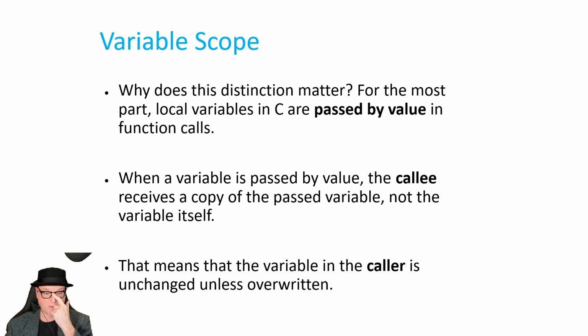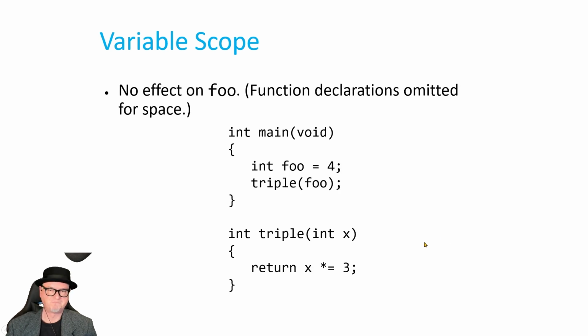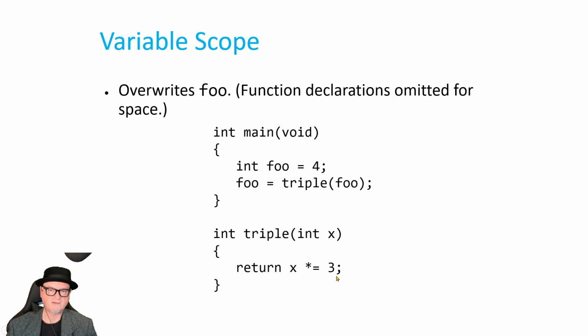That means the variable itself is unchanged unless you override it. So, for example, in this little code snippet, here we invoke foo. We've declared it in main, and foo is actually unchanged by just passing it to the function triple in this case.